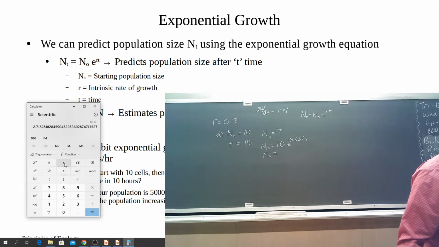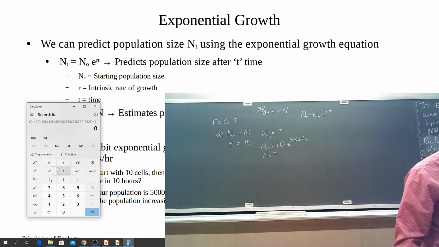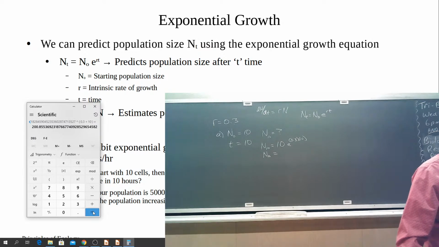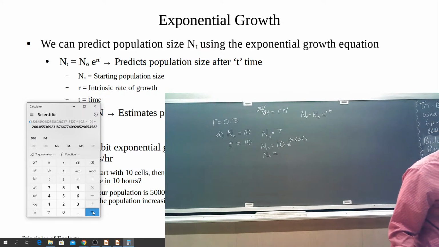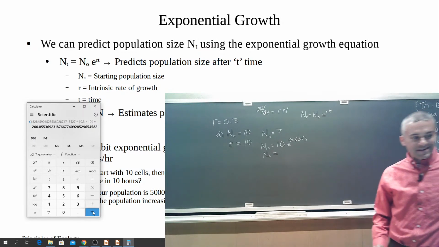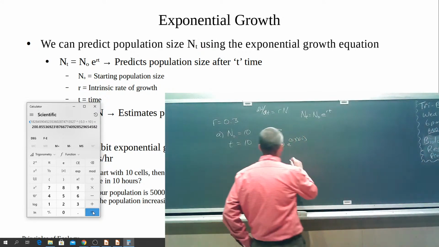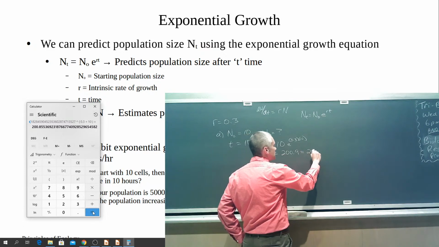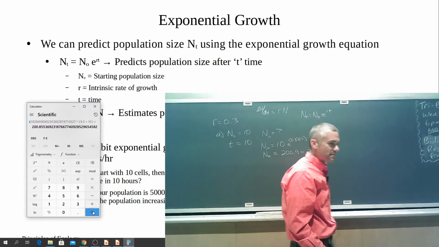Oh, there it is, E. E raised to the parentheses 0.3 times 10. So hit equals, and I get a population size of 200.9. Or I'll just say 201. That's our population size.